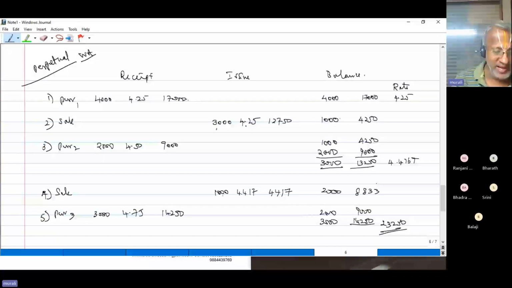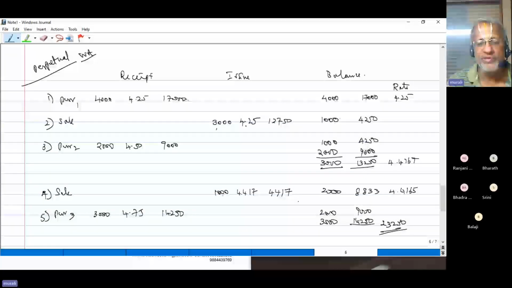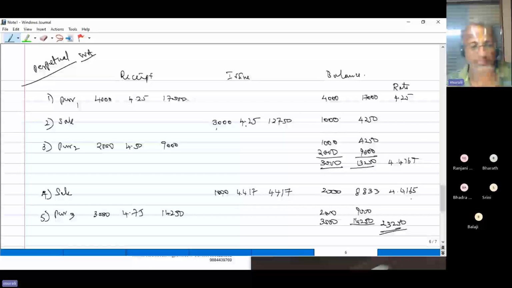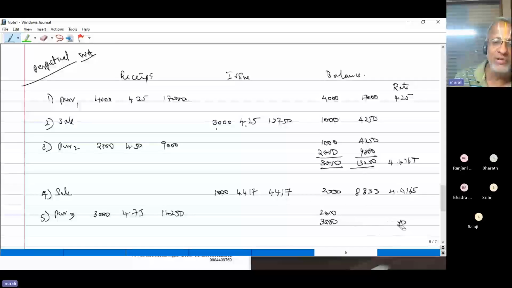By dividing 8,833 by 2,000, I get 4.4165, because of the rounding off. That doesn't matter much here. So 2,000 continues to be there as 8,833.